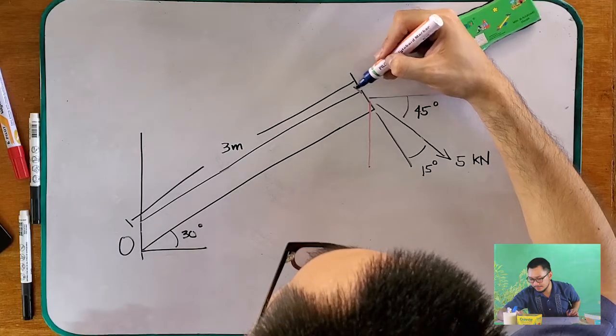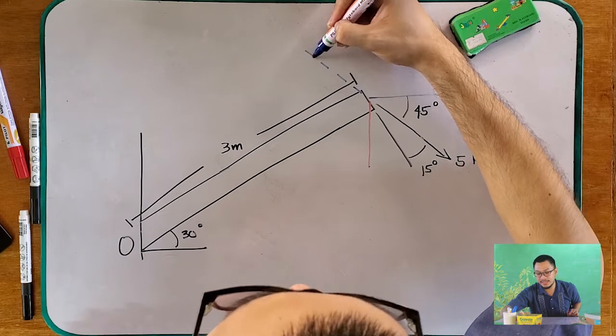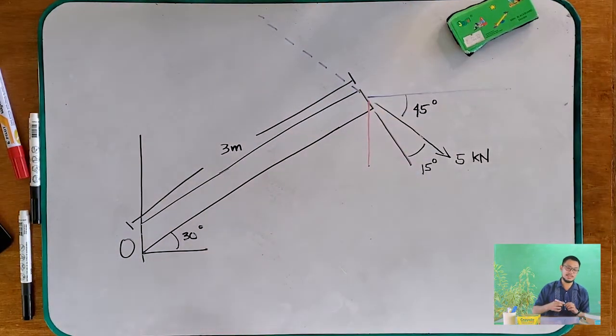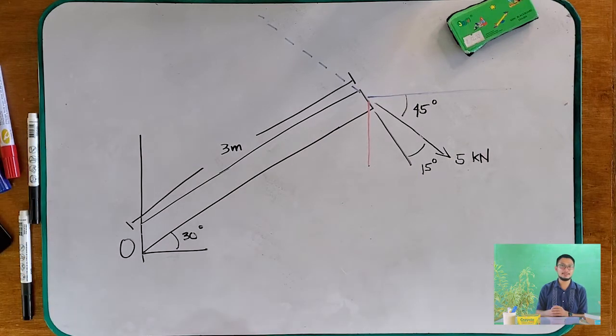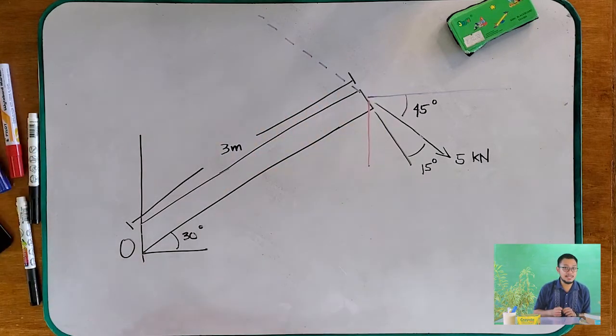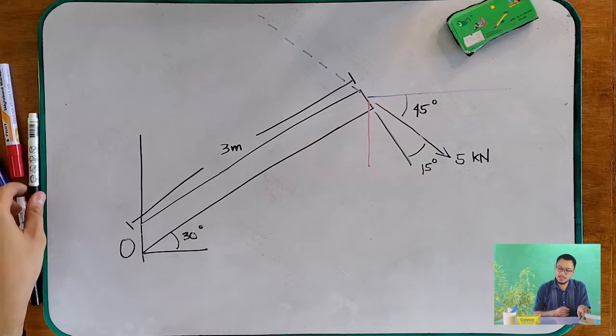So, if we are going to solve this one using our previous knowledge about moments from the formula force times distance, what we did is we have to make a straight line, the line where the direction of the force is located. And now, we have to determine asa na magperpendicular, and kung asa na nagperpendicular, that is your moment arm.